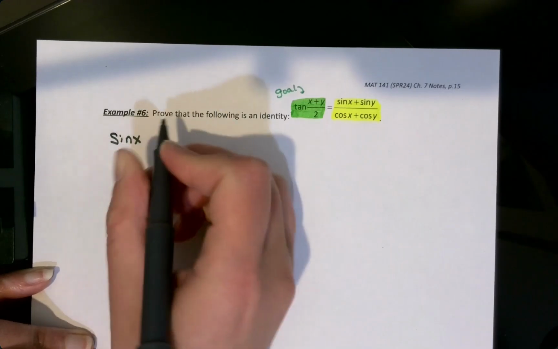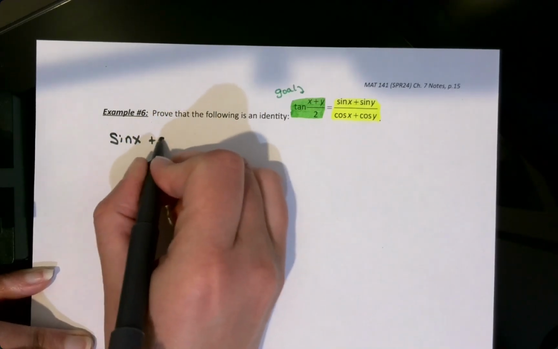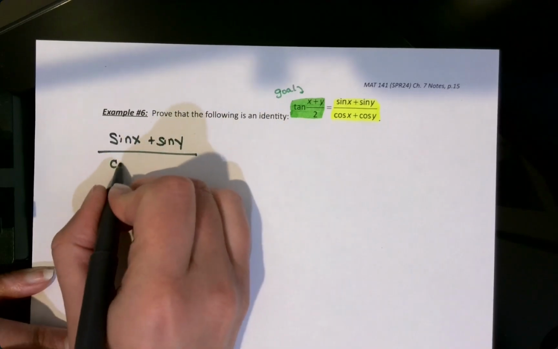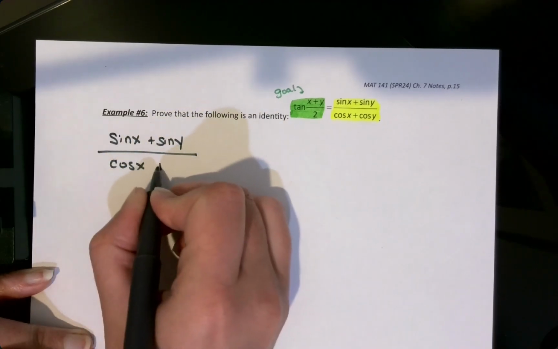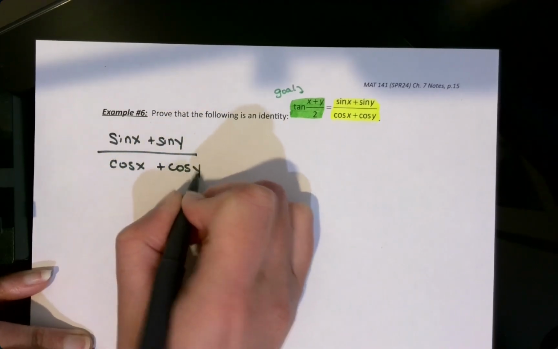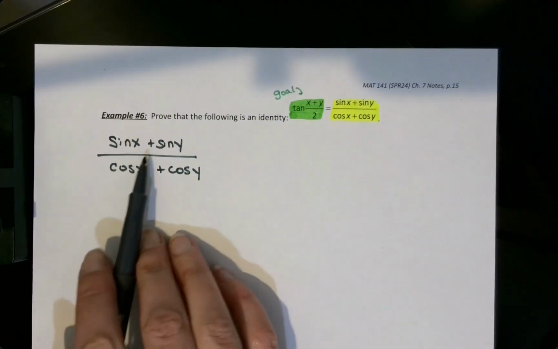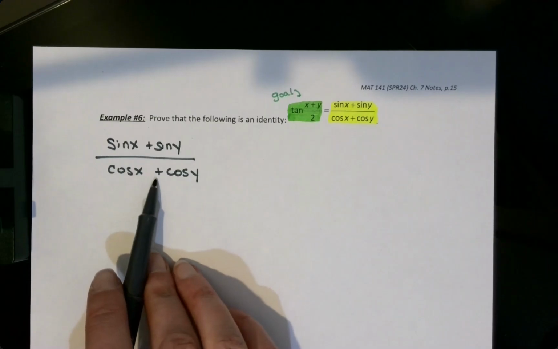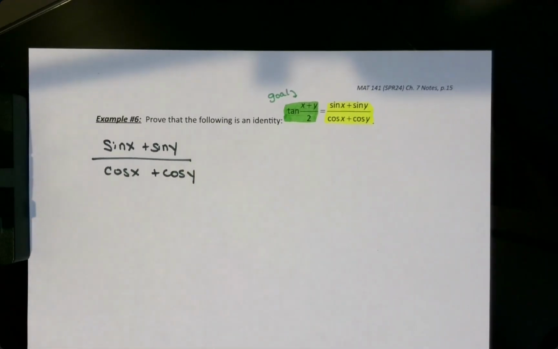So I'm going to start manipulating the sine of x plus the sine of y over cosine of x plus cosine of y. I'm adding 2 separate sine functions with different inputs and adding 2 separate cosine functions with different inputs.